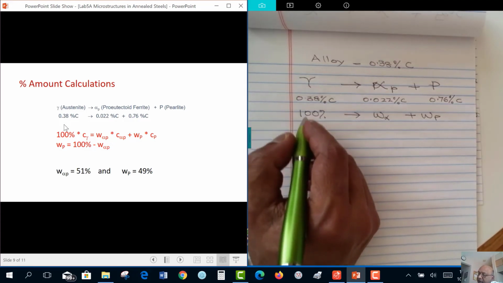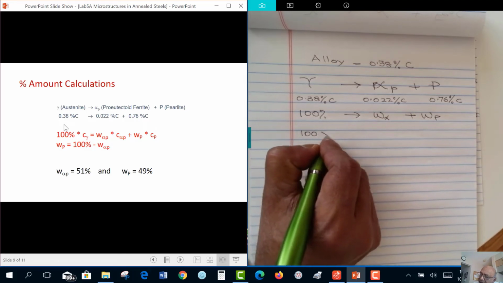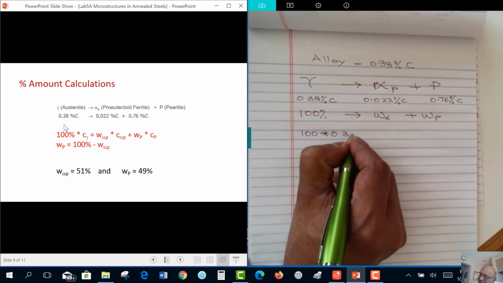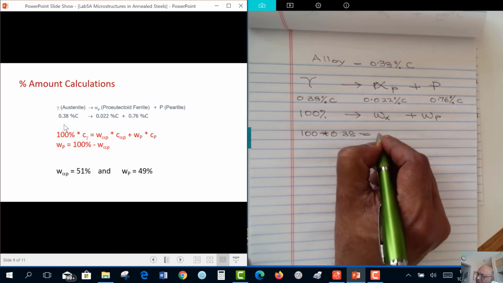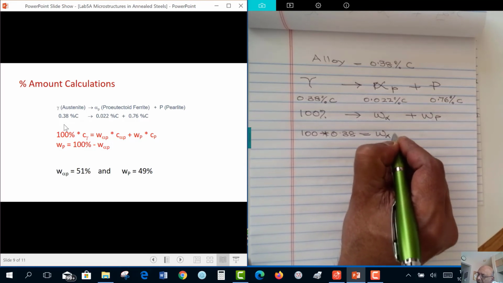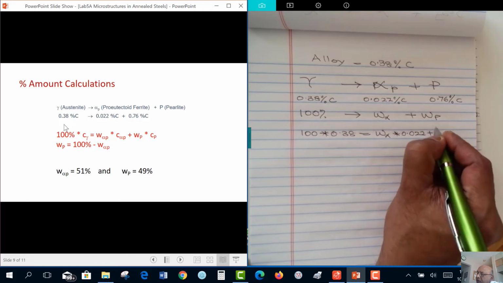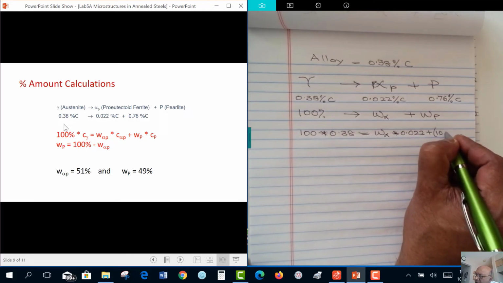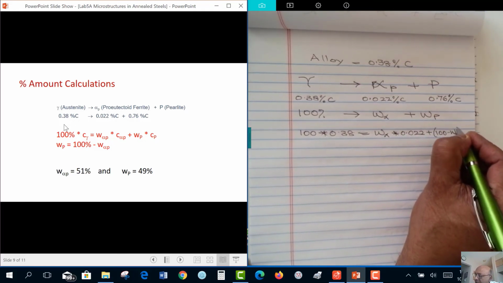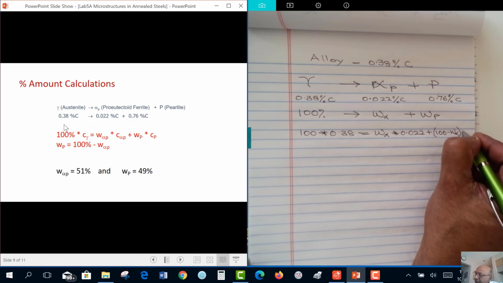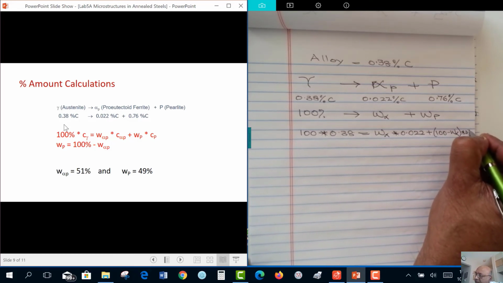So again, we can write our equation. 100 times 0.38 is equal to W alpha times 0.022. And now we can write 100 minus W alpha, because that's how much pearlite we will have, times 0.76.